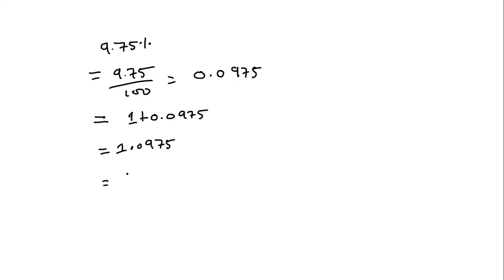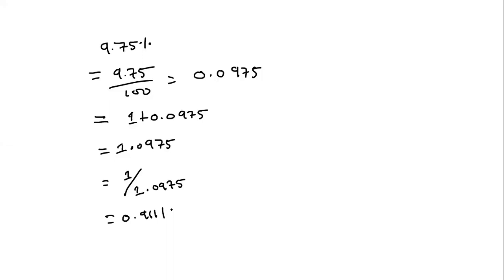Then we do 1 divided by 1.0975, and we get the first year's PVIF, that is 0.9111.